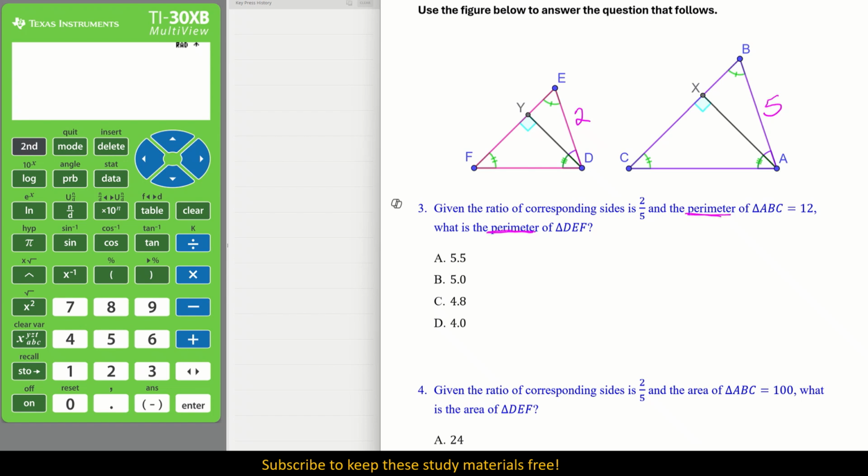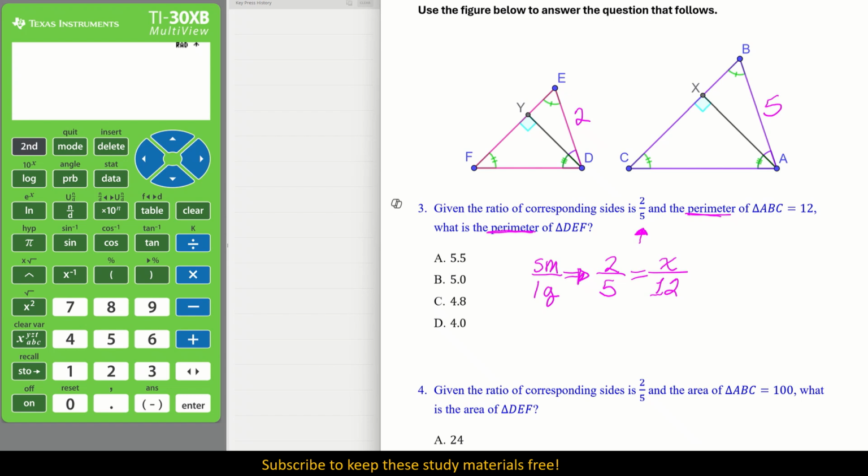This means that our scale factor, our ratio of corresponding sides, is a scale factor. And when we're dealing with perimeter, we use it as is. So that means that we have the smaller triangle over the larger one, and we will compare 2 over 5 equal to the smaller one, we're looking for it, so that's x, and the larger one would be 12. Okay, now we know what to do.